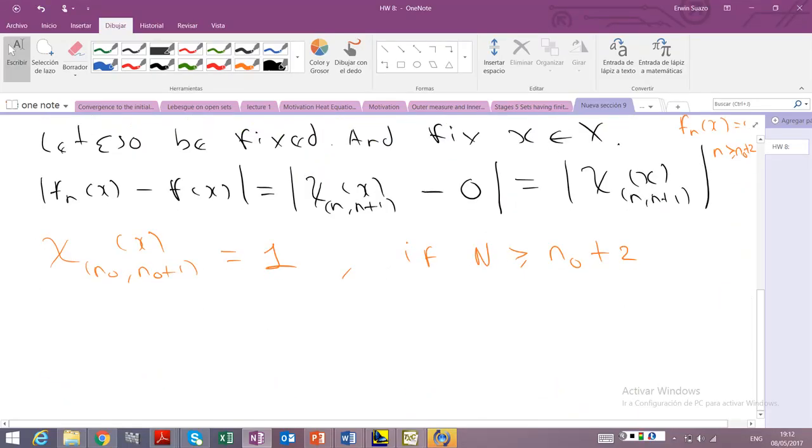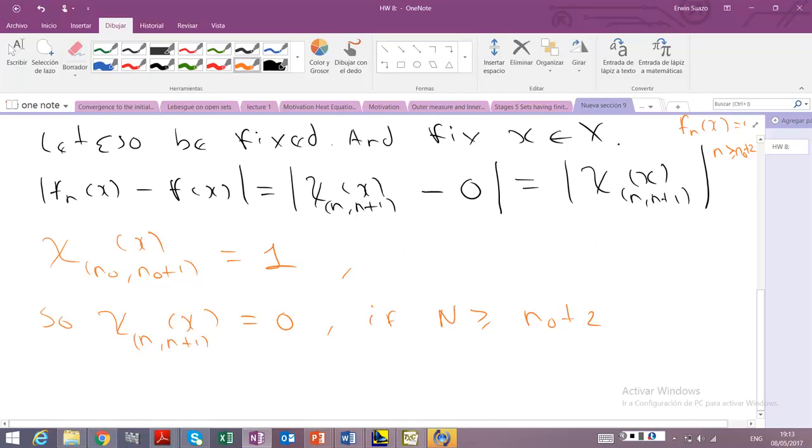So psi_{n+1}(x) equals 0 if n is bigger or equal than n_0 plus 2, and that clearly is less than epsilon.